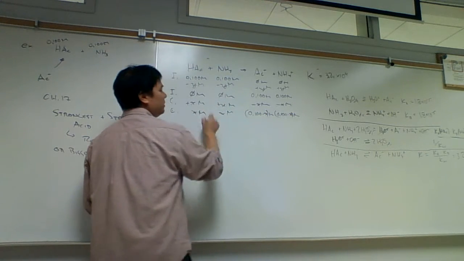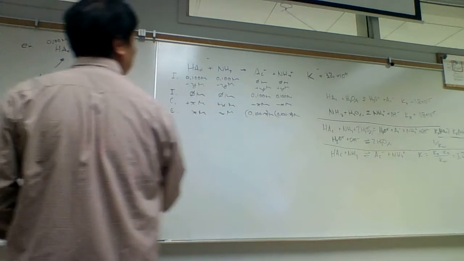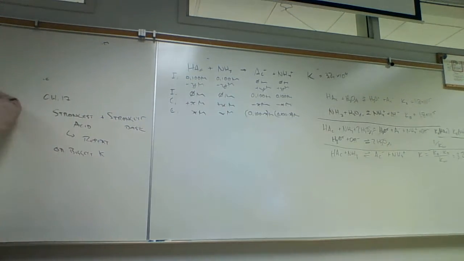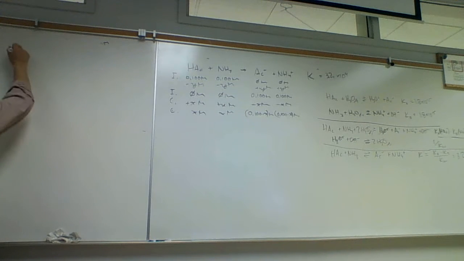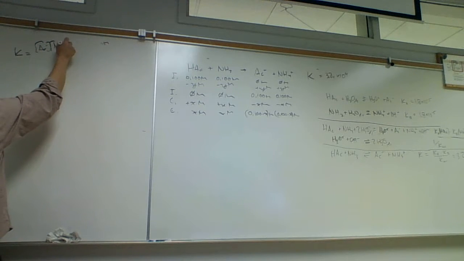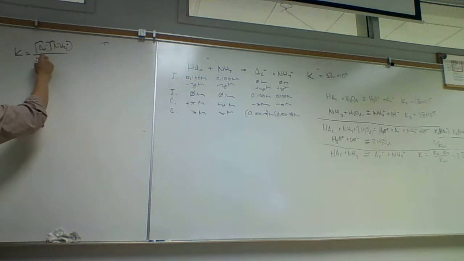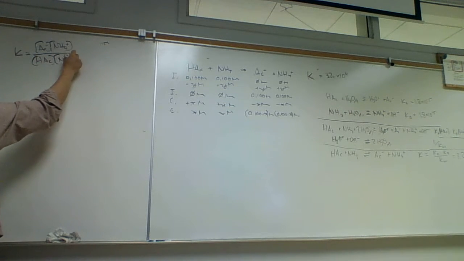And then we could solve this for x. Let's do that. Solving this for x, K is going to be the acetate concentration times the ammonium concentration divided by the acetic acid concentration and the ammonia concentration.